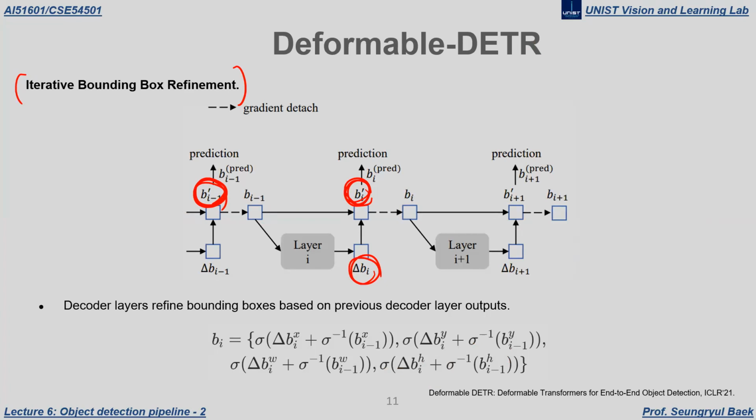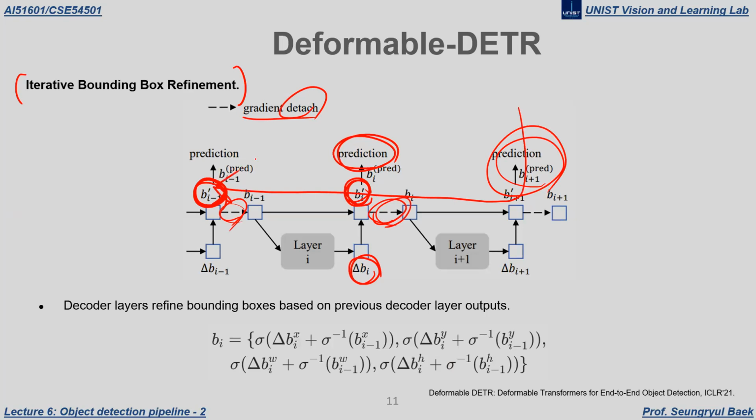So this is the next layer's bounding box prediction, and this is the prediction from the i+1 layer, okay? And we detach, this is the detach of the gradient. To make the training simpler, unless we detach this node, we have to flow gradients to previous layers, right? So the training becomes a lot slower, right?